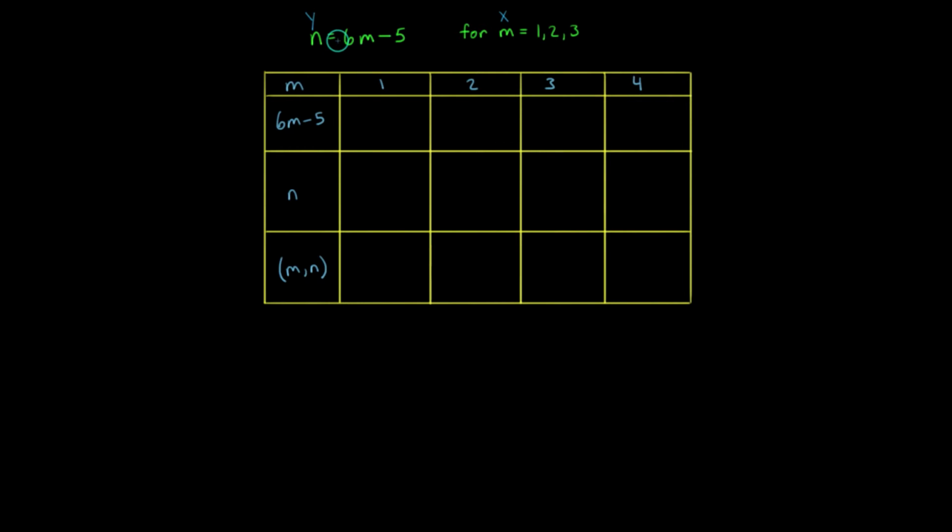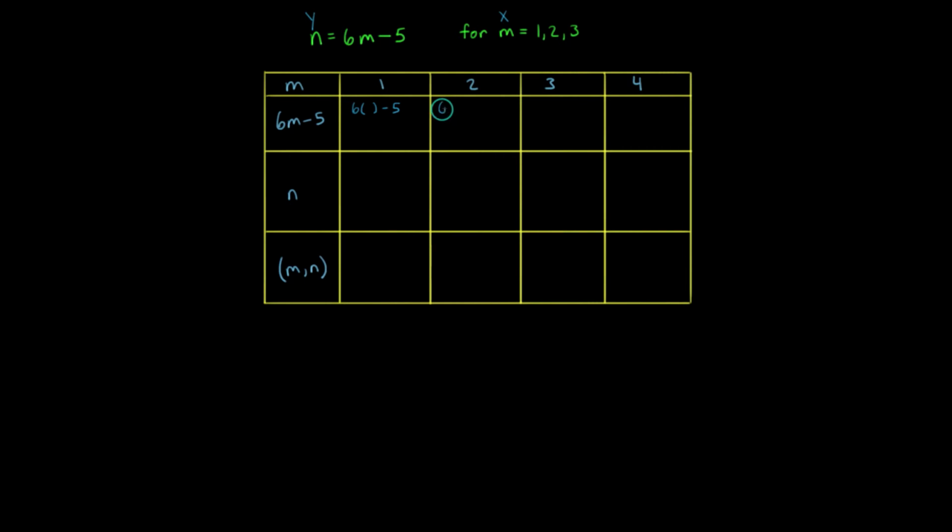Since n is equal to 6m minus 5, whenever I substitute a value in for m in 6m minus 5, I'll find out the value for n. So I'll write the equation out here, and I'm going to list the answer for n below. So I have 6 times some value minus 5.